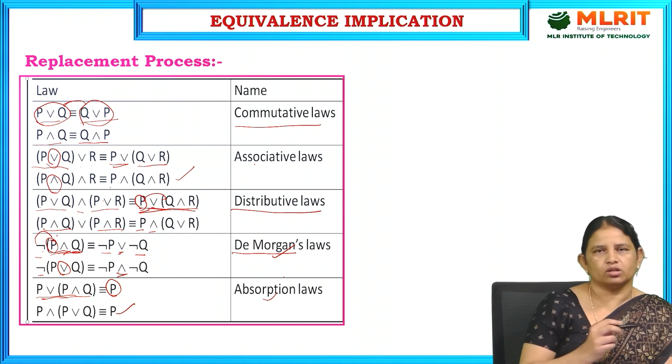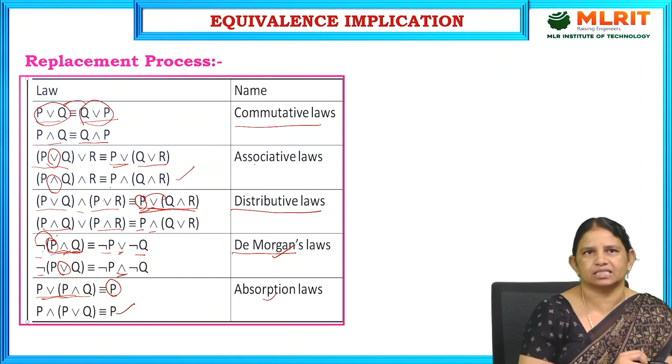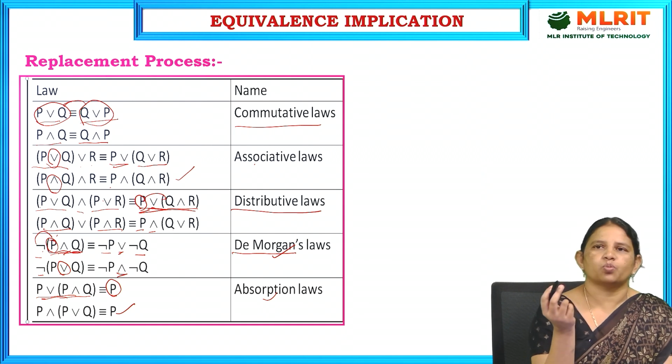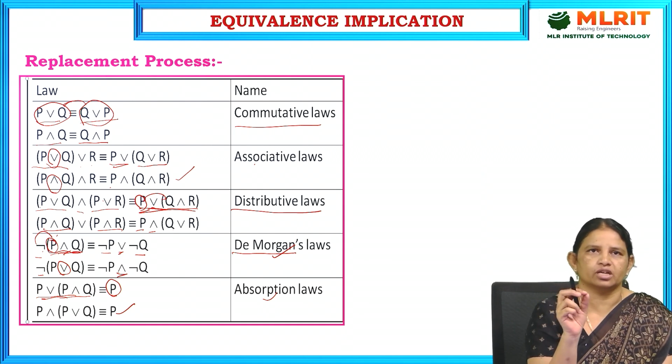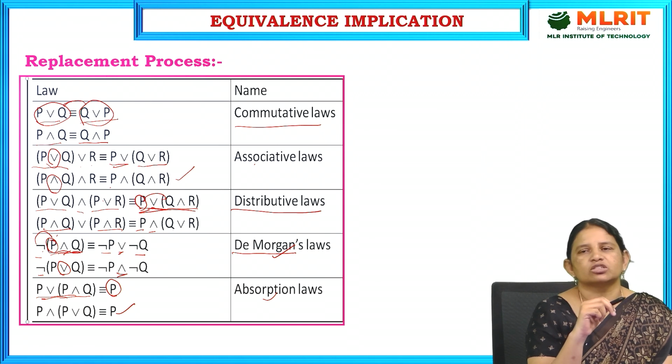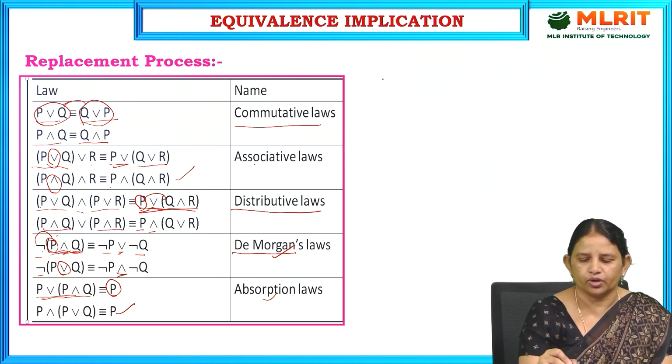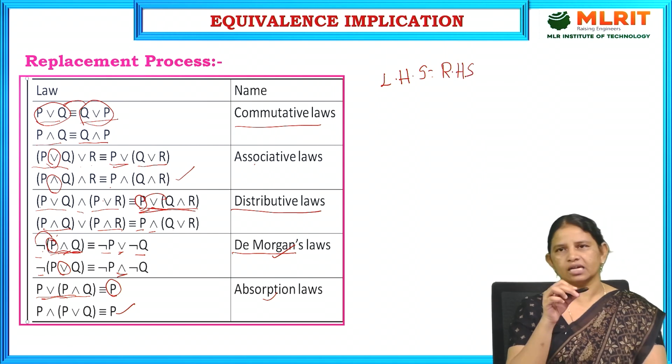Based on these laws, we need to replace the statement with the corresponding statement to get the equivalence implications. In the replacement process, we observe whether the LHS is equivalent to the RHS or not. We need to prove that LHS is equivalent to RHS. Consider some examples.